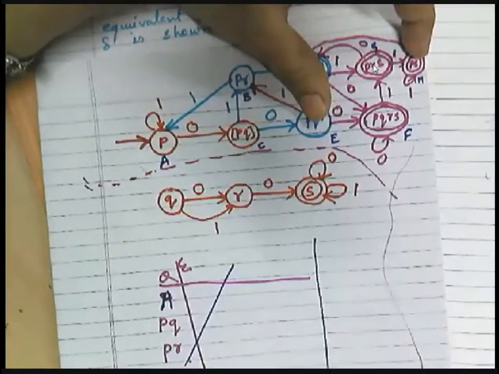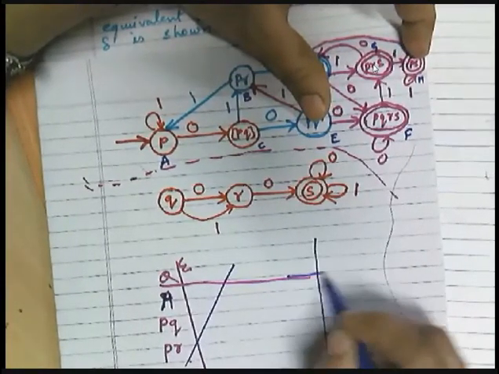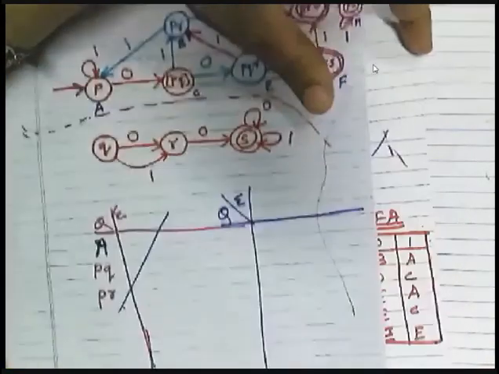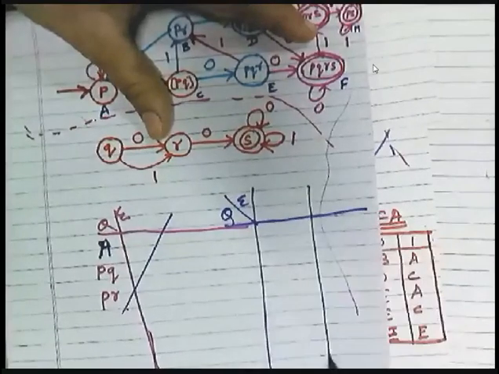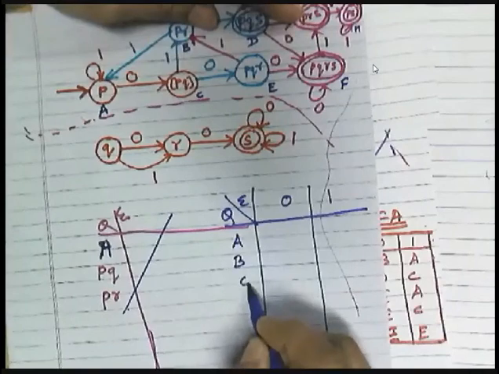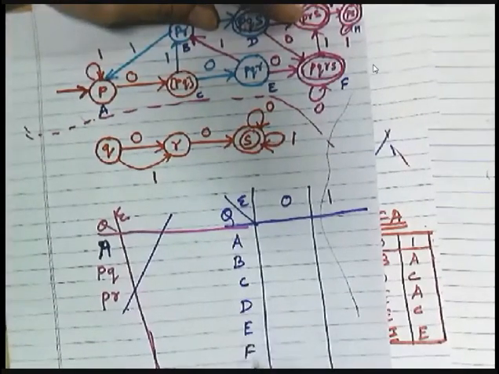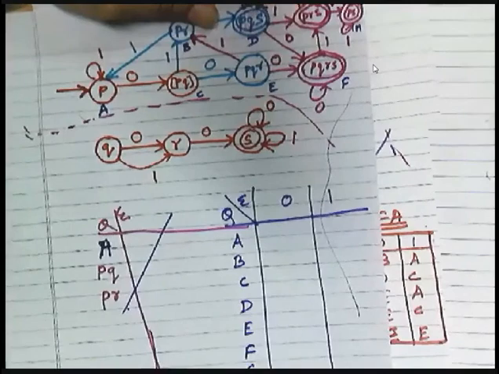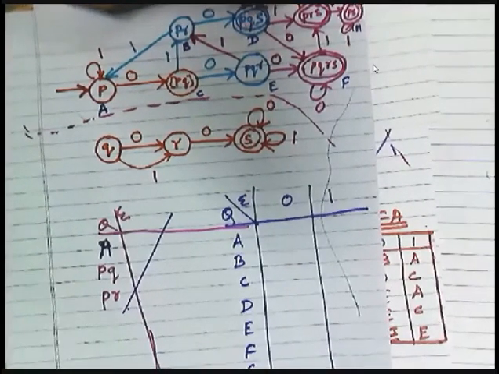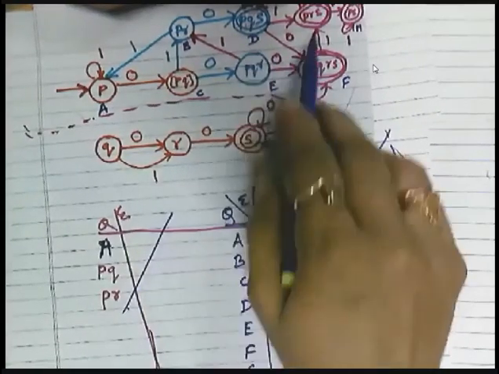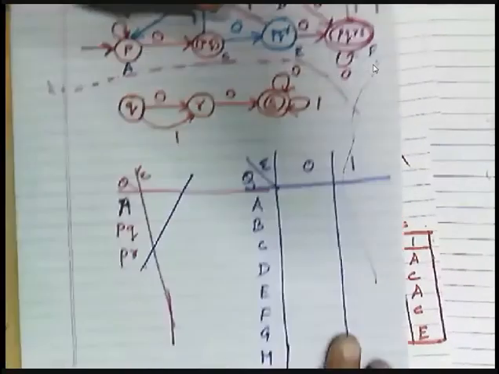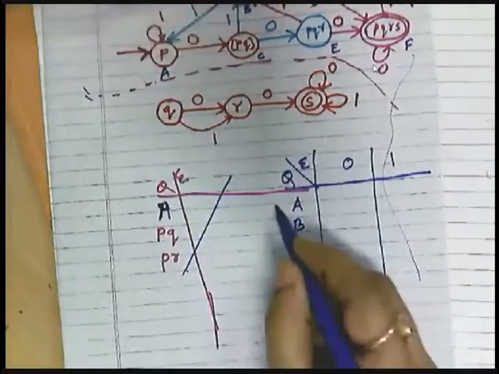Let me make the table here with Q, the inputs 0 and 1, and the states A through H. Which is the initial state here? A is the initial state.